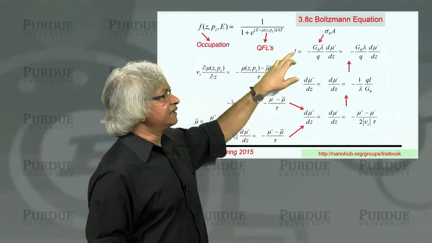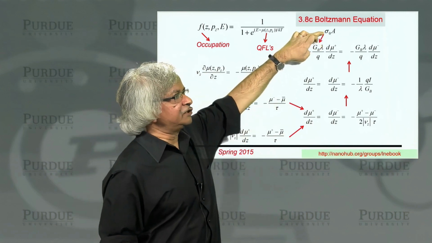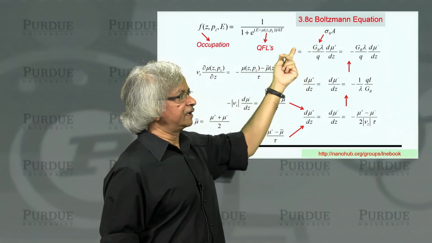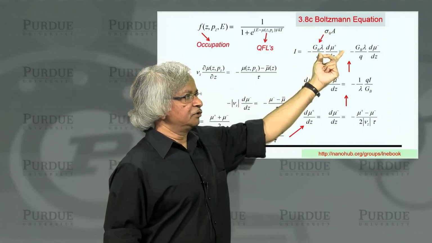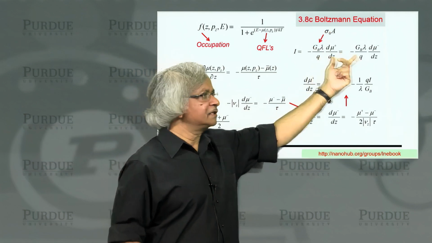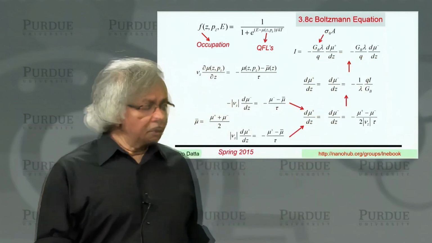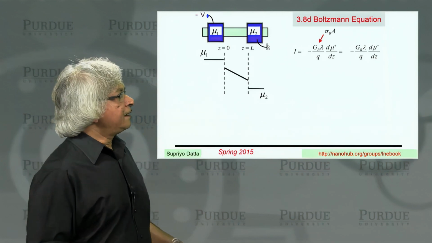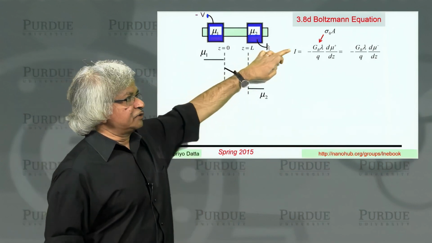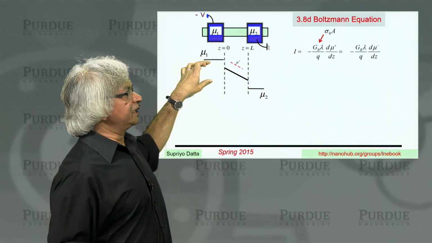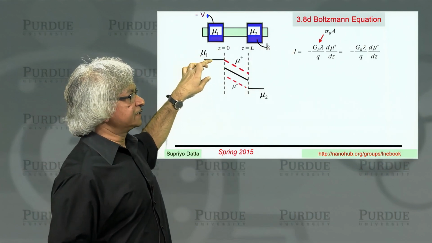If you notice that this G_B lambda is actually conductivity times the area. So basically then current is proportional to the slope of the mu plus or the slope of the mu minus. So you could say that we can now solve this equation using the boundary conditions at the two ends.